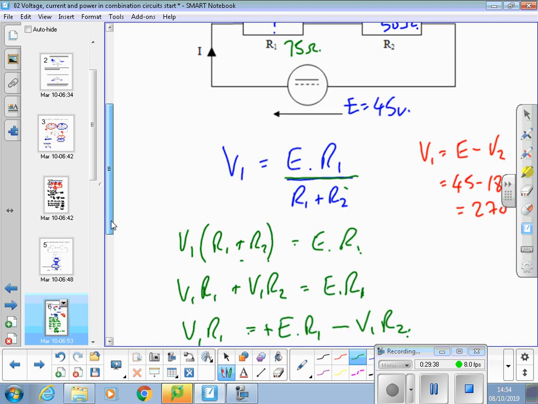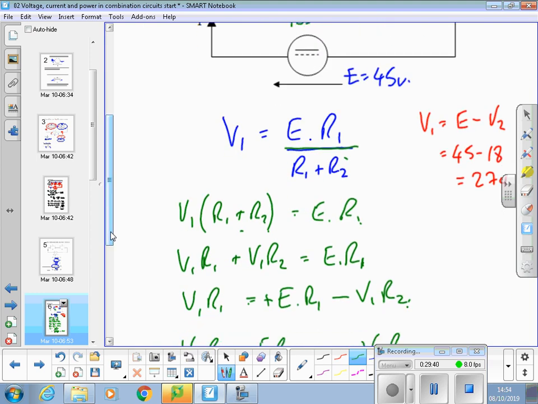So the stages in this rearrangement were: multiply by R1 plus R2 in brackets to get that. There it is.